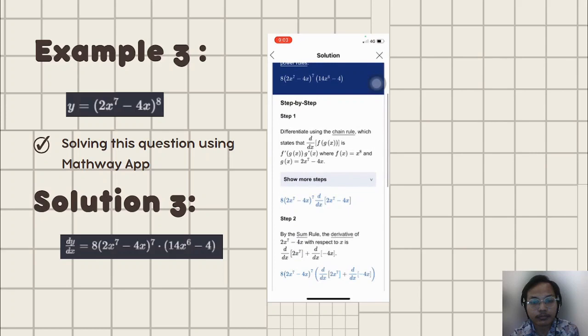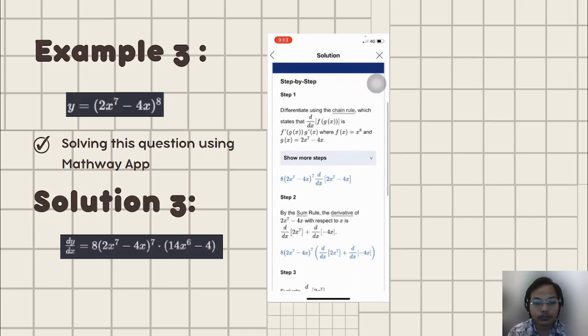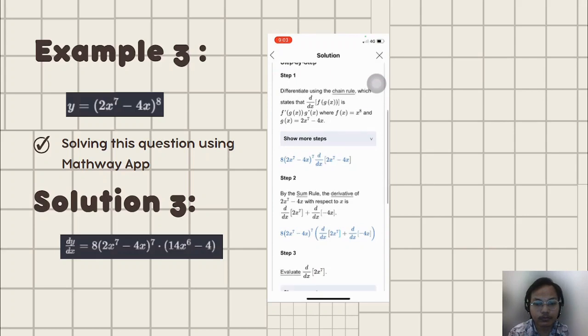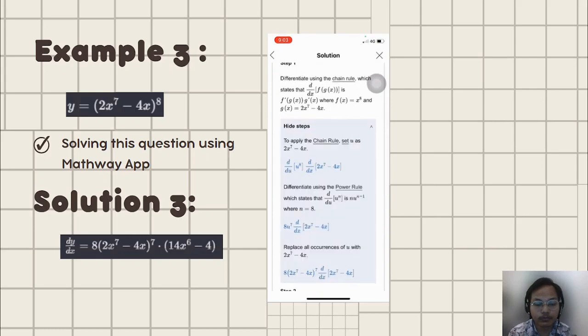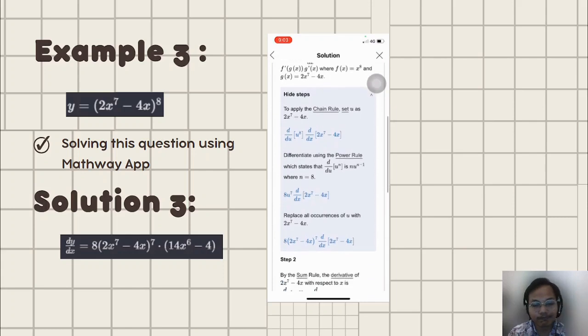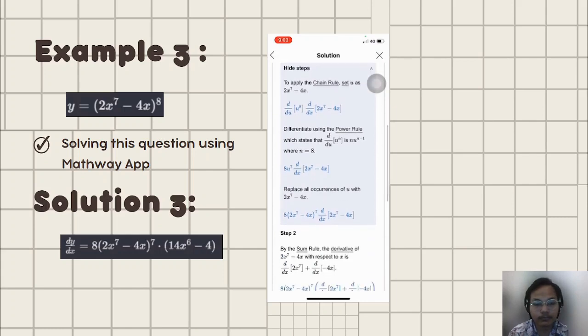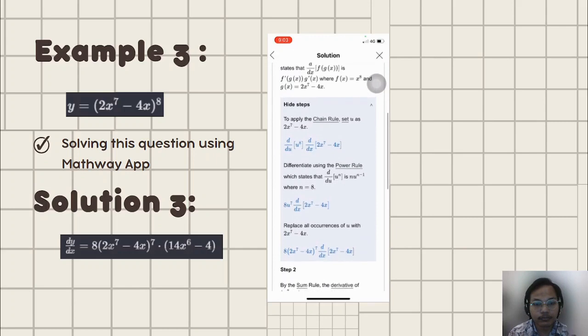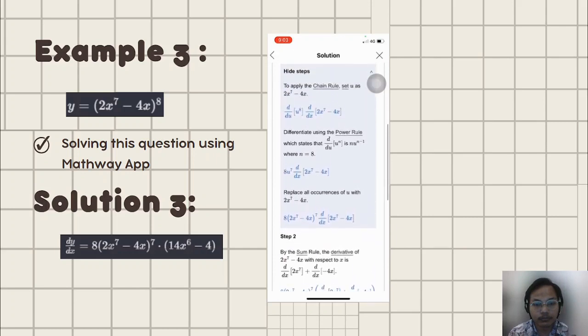Step 1, differentiate using the chain rule, which states that d/dx of f(g(x)) is f'(g(x))g'(x), where f(x) equals x^8 and g(x) equals 2x^7 - 4x. You can also see more inner steps in each step.